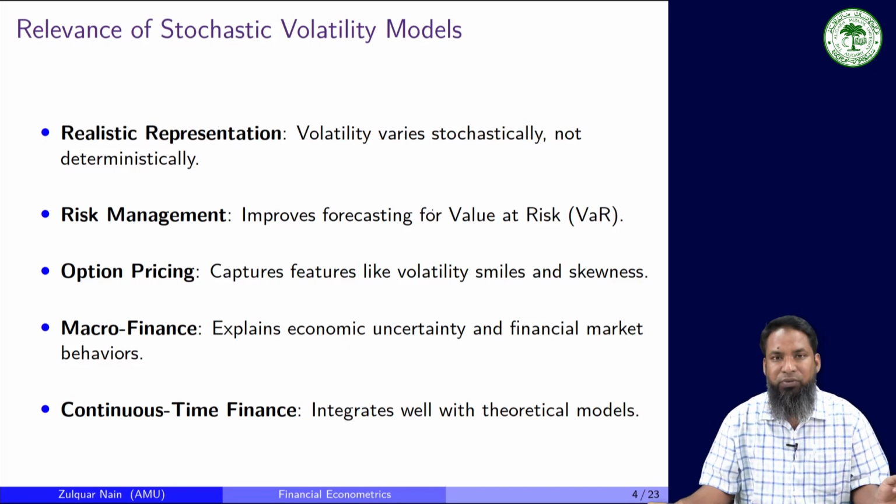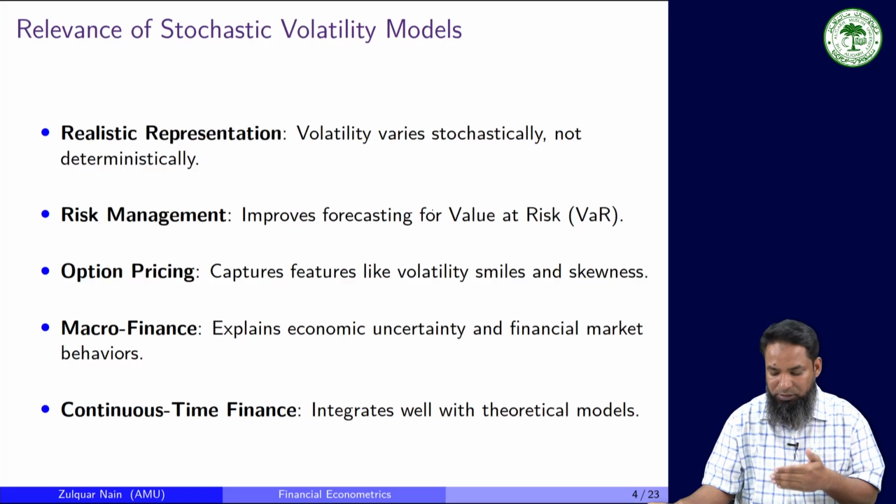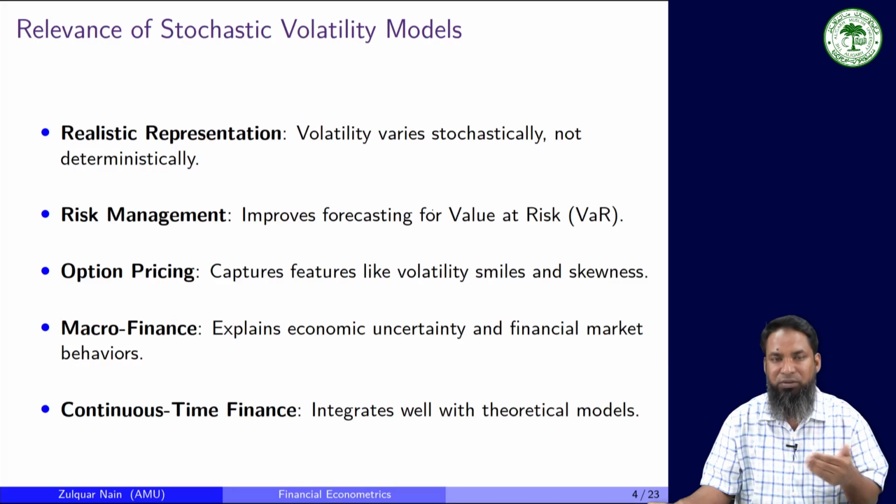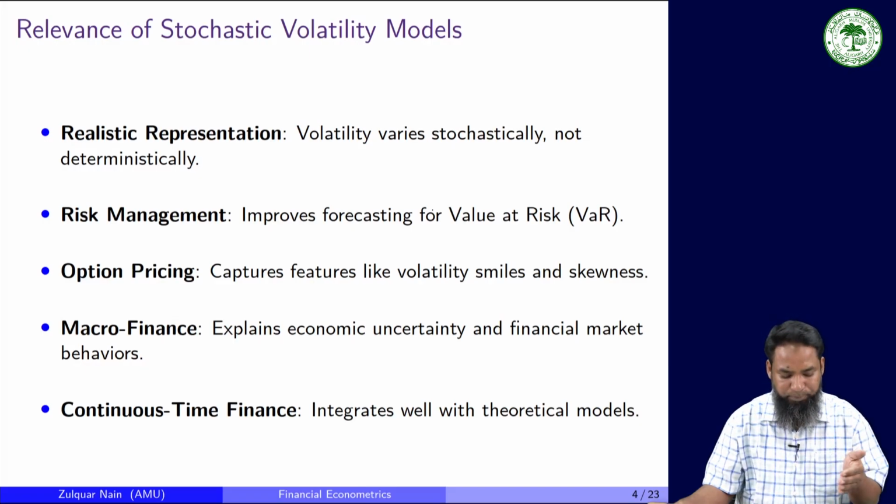The third relevance of this stochastic volatility model comes from the fact that in option pricing, we have seen that there is the volatility smile and skewness, that is the relationship between volatility and moneyness, which is not able to be captured in the GARCH formulation. Here that can be captured through the stochastic volatility model.